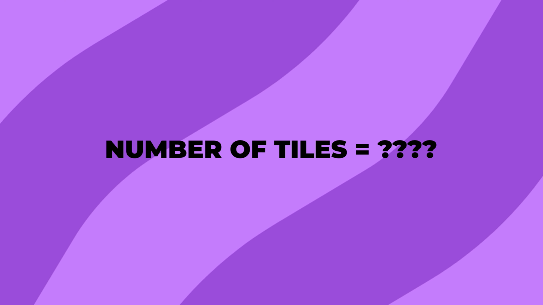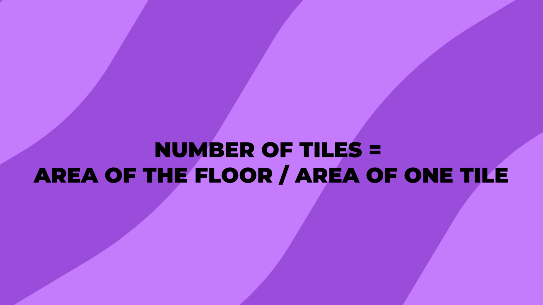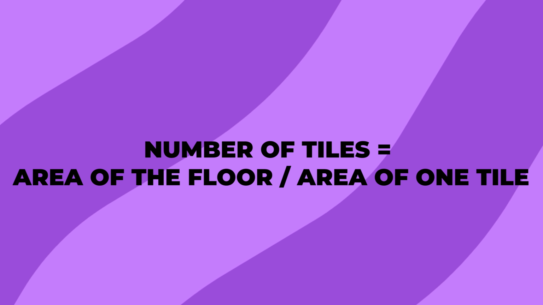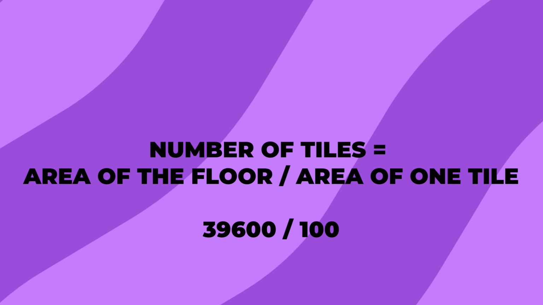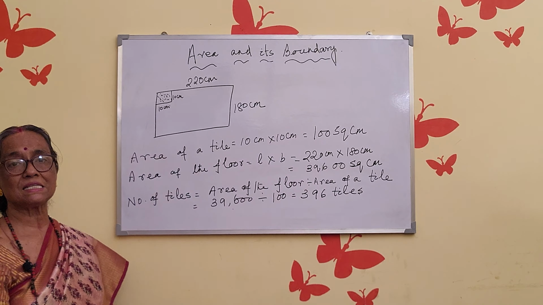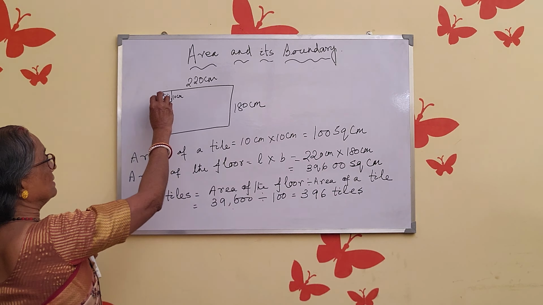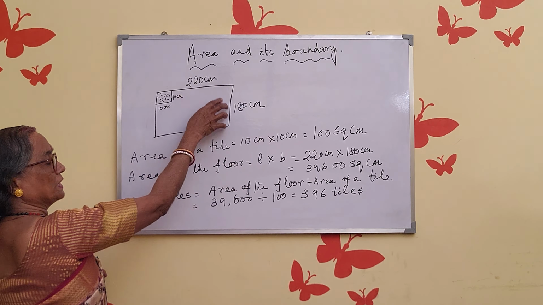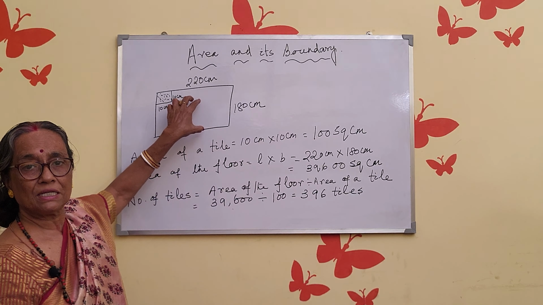Now we have to find out the number of tiles. Number of tiles is area of the floor divided by area of one tile. That is, therefore number of tiles is 396. How many tiles we have to put on the floor? 396 tiles we have to put on the floor.